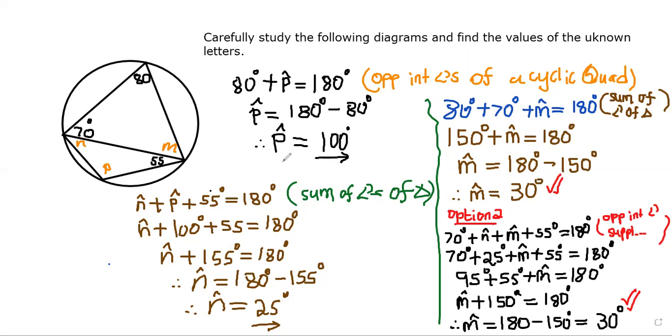For you to be able to master complex geometrical riders, it's very important that you familiarize yourself with the laws that are associated with Euclidean geometry, and this will make your work much easier, right? So after getting P, after getting N, we were calculating angle M. Remember, if it's an angle, you must put a cap. So we got 30 degrees.